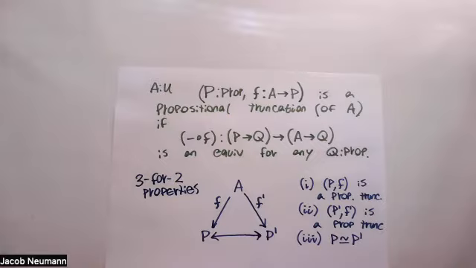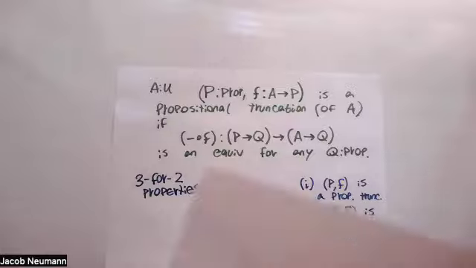So now what question 2 asks us is to prove that propositional truncations preserve binary products.